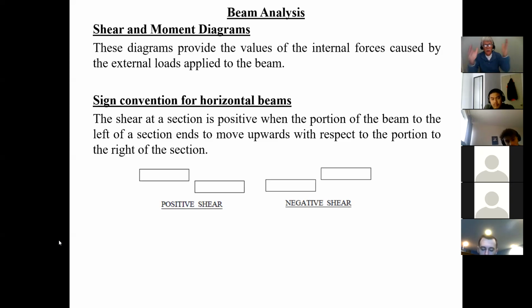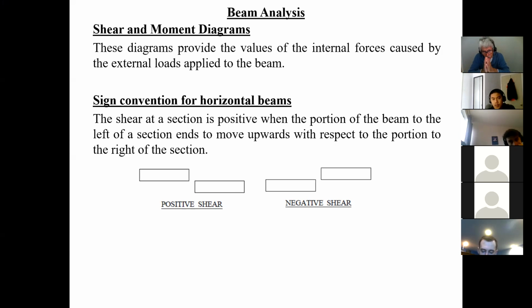So if I look at my beam and this part of the beam is going to be moving up with respect to the other side, I consider that to be a positive shear. So on my shear diagram, I will put it on the positive axis, and if it tends to go down, I consider it to be a negative shear. I will put it below my axis, because you have your axis where everything is 0, so it tells me whether to go up here or down here.